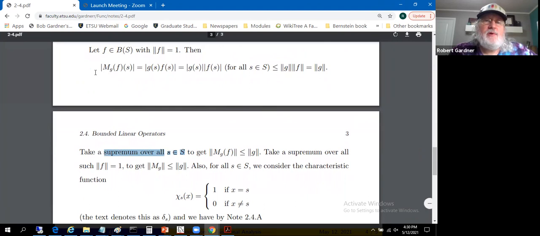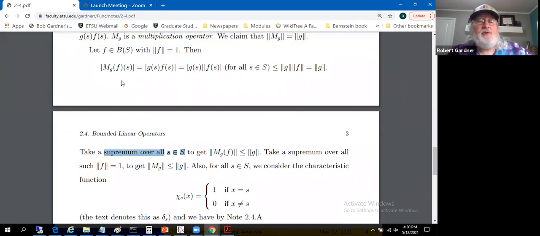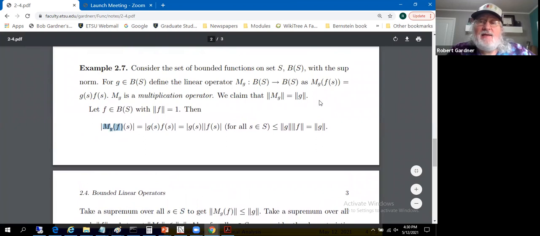That shows us that the supremum over all s of these things gives us the norm of this highlighted thing, M sub G of F. You've got a thing evaluated at s. By the way, that thing lives in B of S.